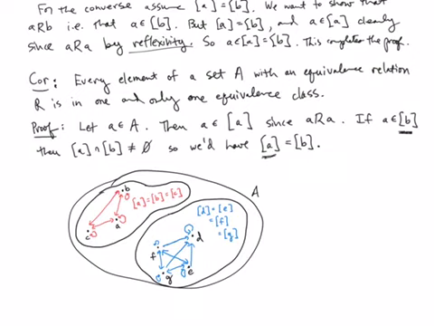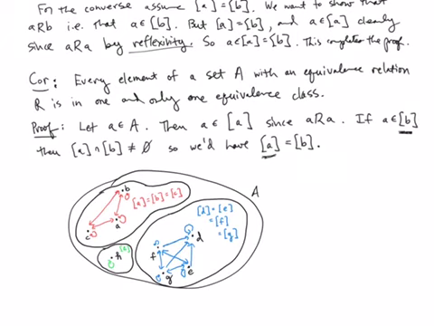And maybe there's other things in this set as well. So maybe there's H over here, right? But anything in the set A must be in an equivalence class. And so H could be an equivalence class all of its own. Right? So this might be over here just the equivalence class of H.